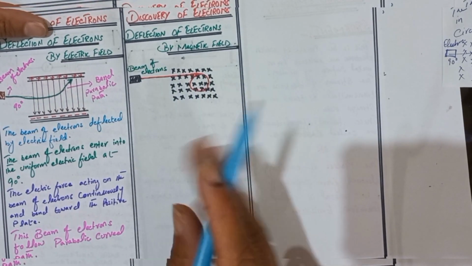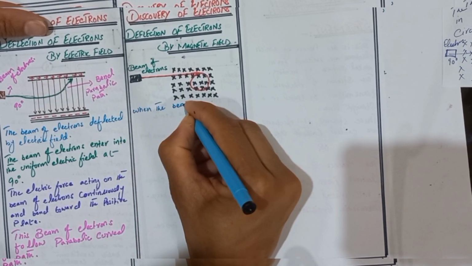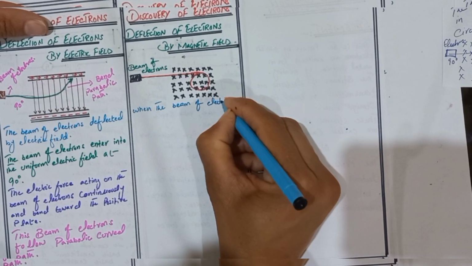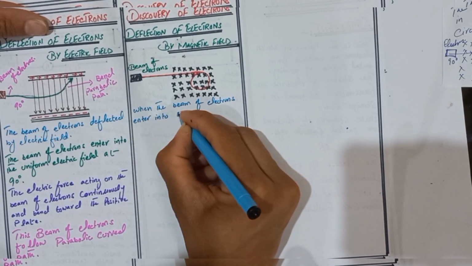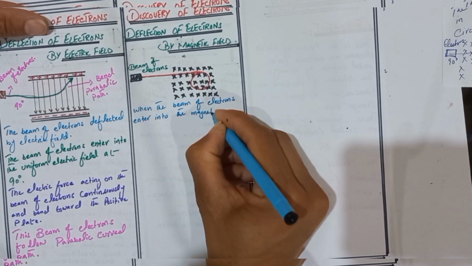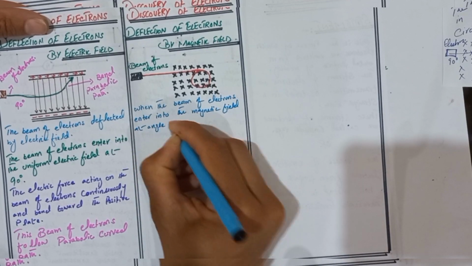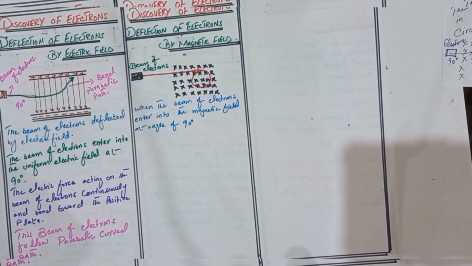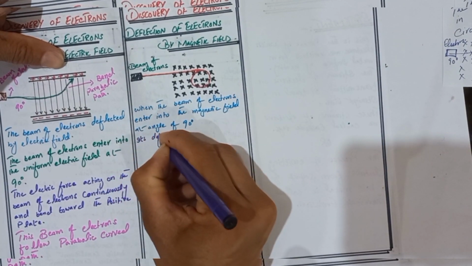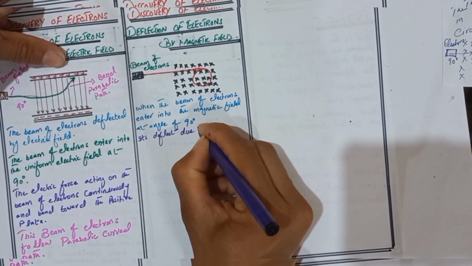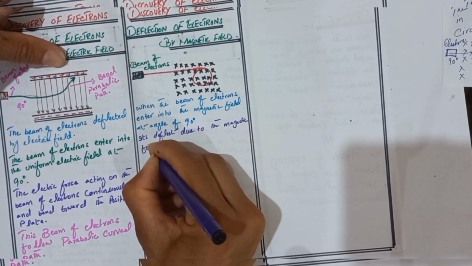So here we write: when the beam of electrons enters into the magnetic field at an angle of 90 degrees, it deflects due to the magnetic force.